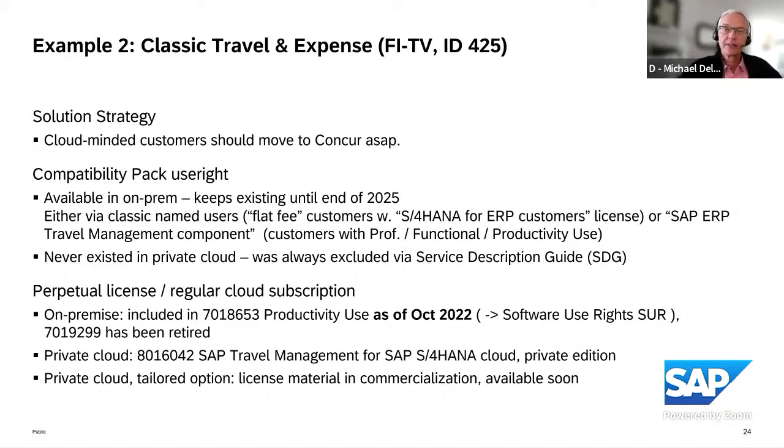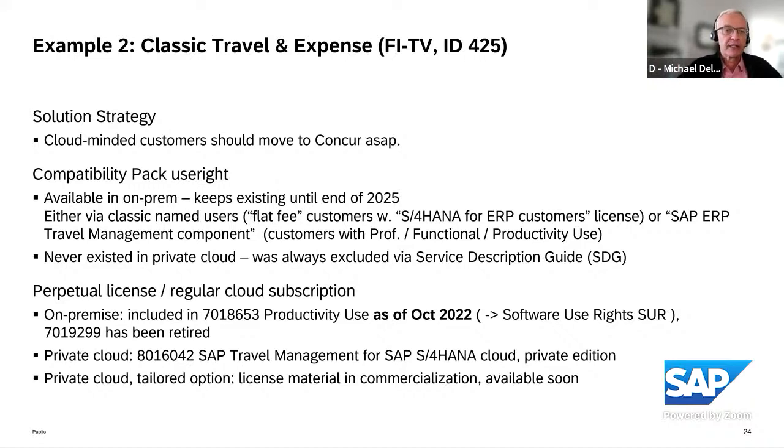Now, big surprise, there are customer cases where the scope of Concur doesn't quite fit. And therefore, we decided to make classic travel and expense part of the perpetual scope, both in on-premise and in private cloud. You could also say we are bringing it back to private cloud in order to cover customers who are not able to immediately switch to Concur.